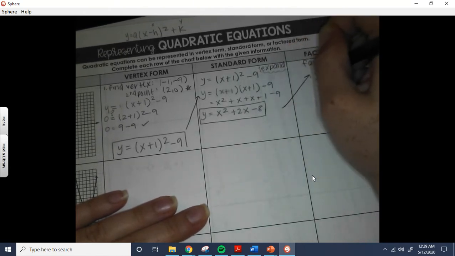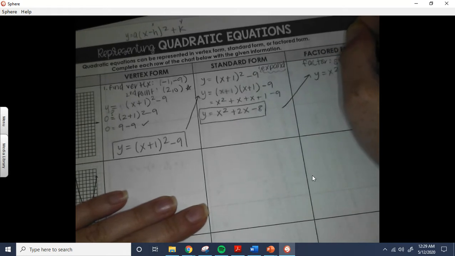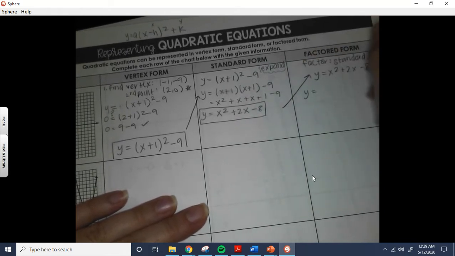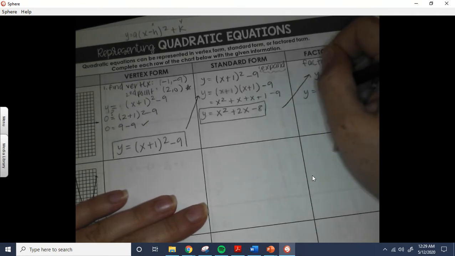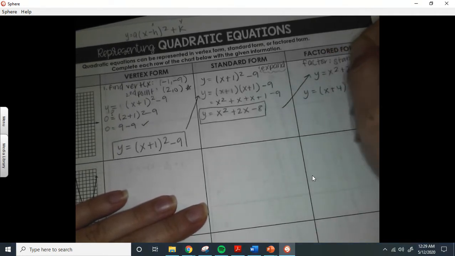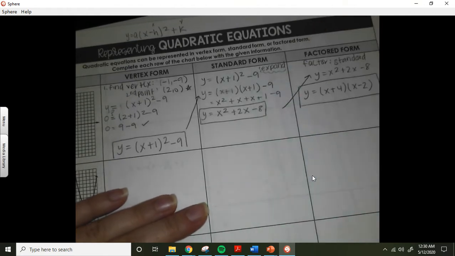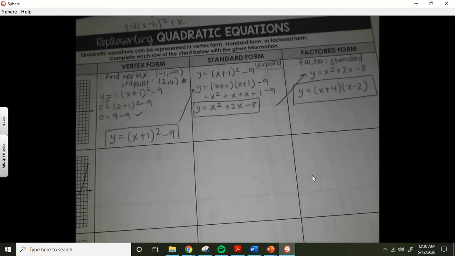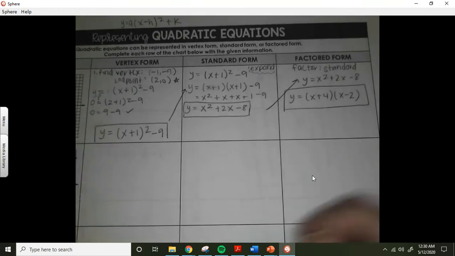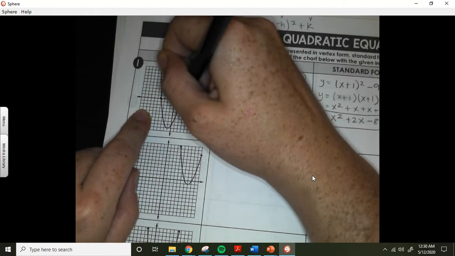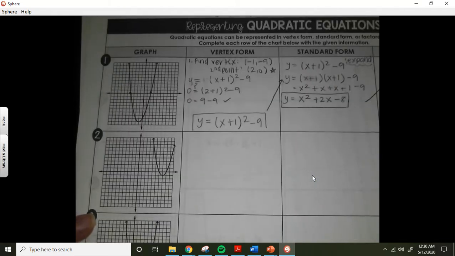So we're going to start here and say, okay, what multiplies to give us -8 but adds to give us +2? That's going to be (x plus 4) times (x minus 2). And that's it. From here, we can find our zeros, which mentally we can say, well, it's going to be -4 and +2. Take a look. We have x-intercepts at -4 and +2. So that one worked out well.